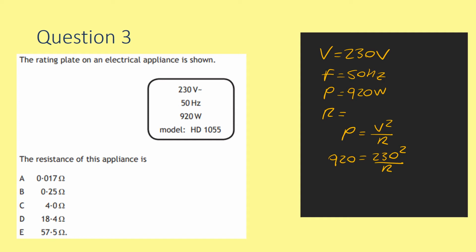We can rearrange this and say that R is equal to 230 squared over 920, which gives us a value of 57.5 ohms, which is E.